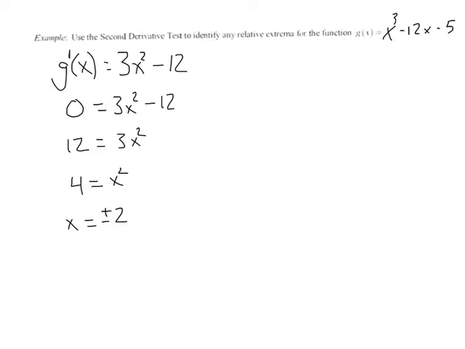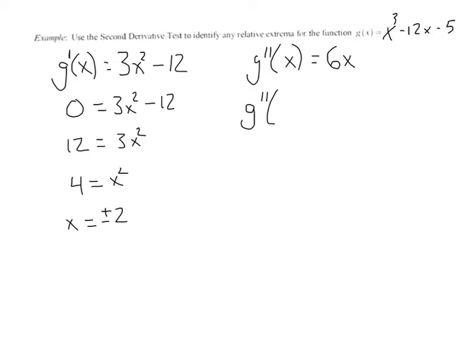But now I want to know at 2 and negative 2, do I have a max or a min, or maybe neither? And so for this particular test, now we go to the second derivative. The second derivative would equal 6x. And then I'm going to test those two points.